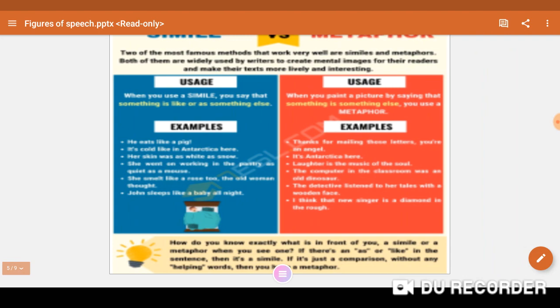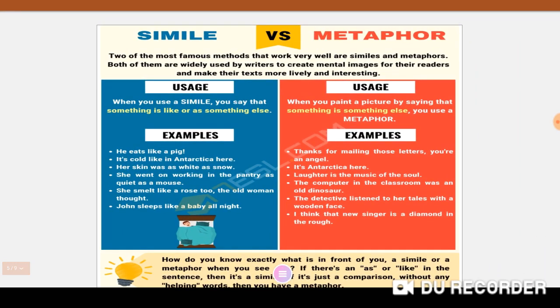All right. Here are some examples of similes and metaphors. Two of the most famous methods that work very well are similes and metaphors. We widely use them in writing, in fiction stories and adventure stories.